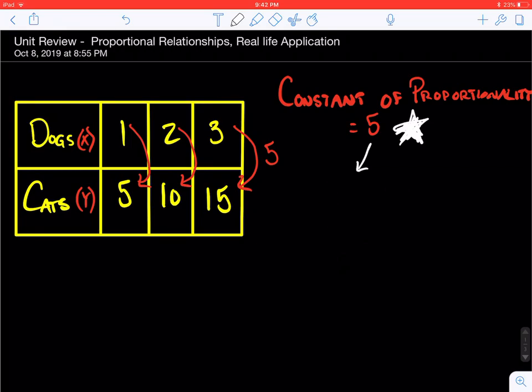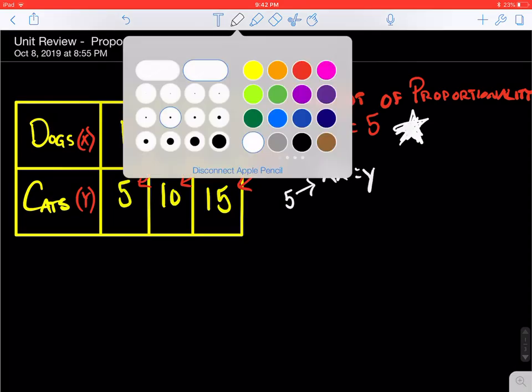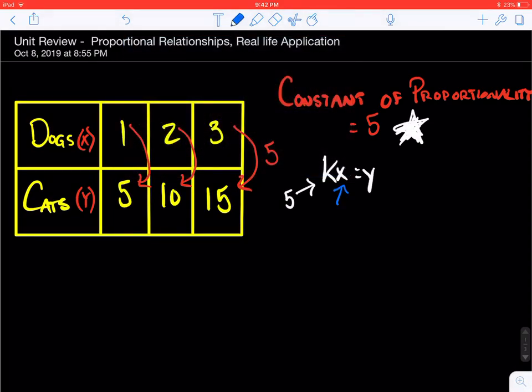All right. So we've already kind of discussed that constant of proportionality of 5, that's going to allow us to write the equation. Okay? So the equation is going to be in the form of kx equals y, meaning that this k here, this constant of proportionality, can be multiplied by any value of x to always equal the y.